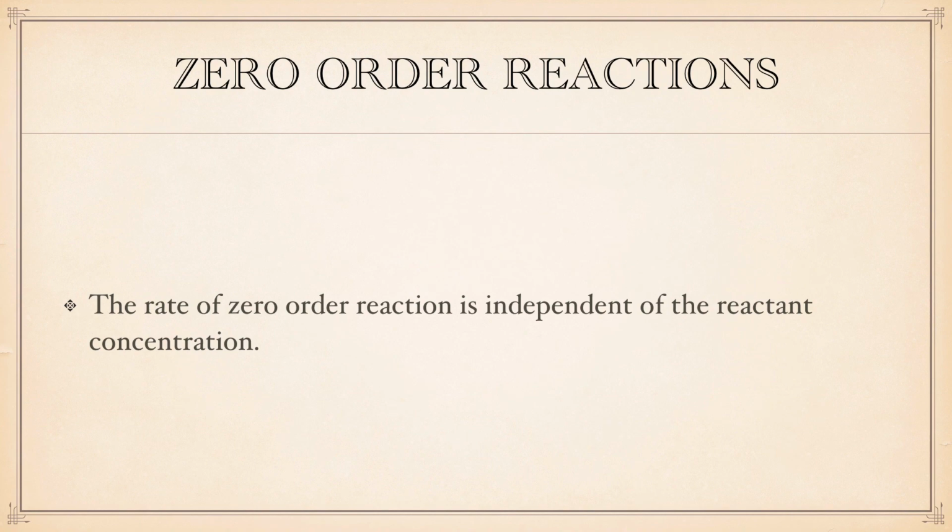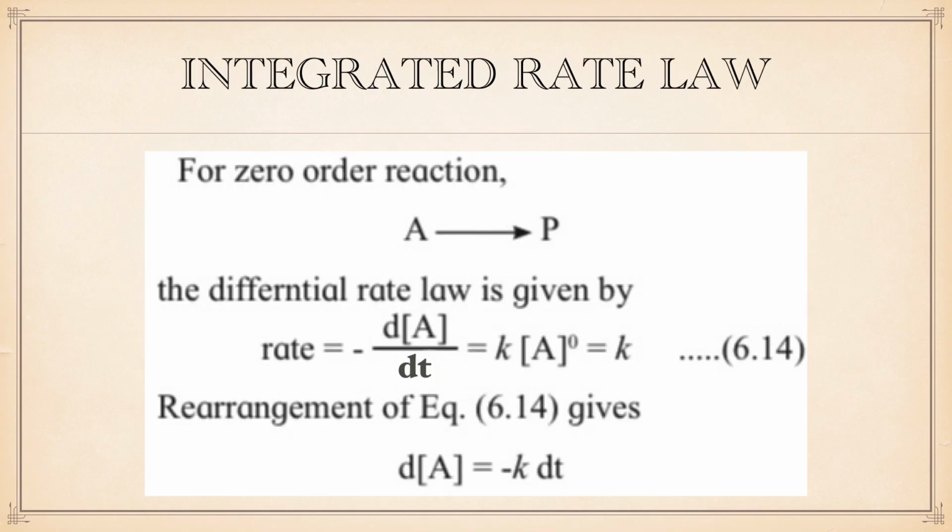Over here, the rate of a zero order reaction is said to be independent of the reactant concentration. So basically, if the order is equal to 0, then we call it a zero order reaction. Next, we'll see the integrated rate law for the zero order reaction. We first consider A going to P, where A is the reactant and P is the product.